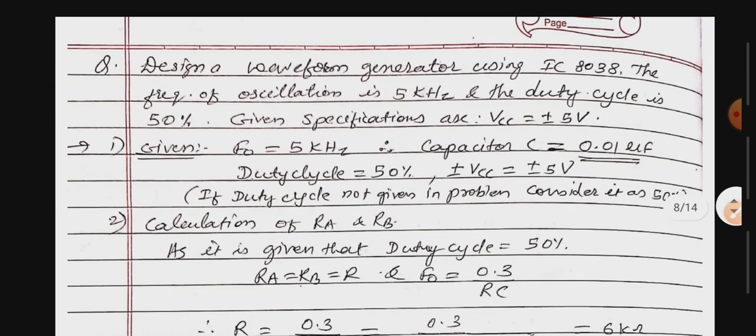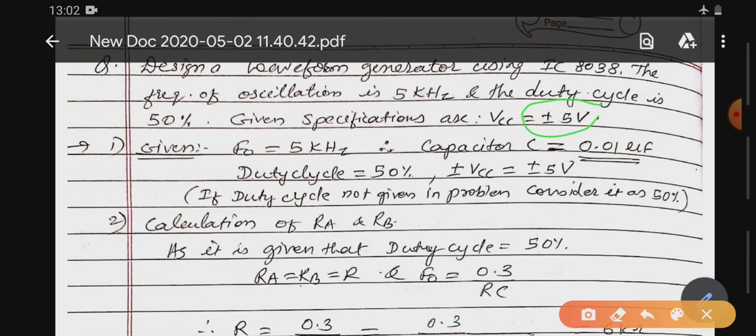Design a waveform generator using IC 8038. The frequency of oscillation is 5 kilohertz and the duty cycle is 50%. Given specification VCC is plus minus 5 volt. Now what is given in the first step? Output frequency is given as 5 kilohertz.